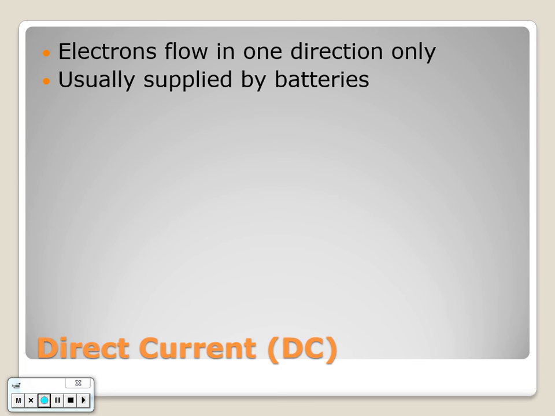DC currents are usually supplied by batteries, like in the example that we looked at on Friday. The battery does work on the charges and increases their potential energy. Then that causes the charge to move in one direction only, from the negative terminal of the battery to the positive terminal.